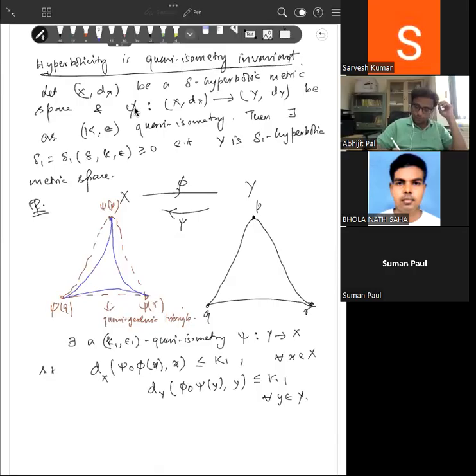So this blue triangle will be delta slim. Moreover, this red quasi-geodesic and this blue geodesic are joining the same pair of points, so they will lie in a bounded neighborhood of each other.